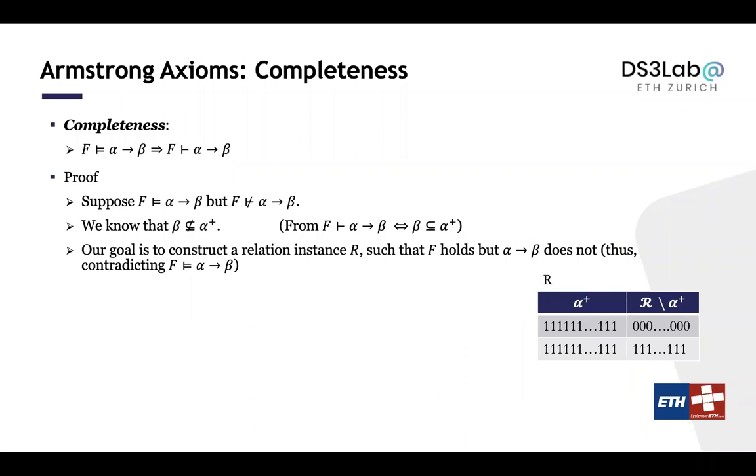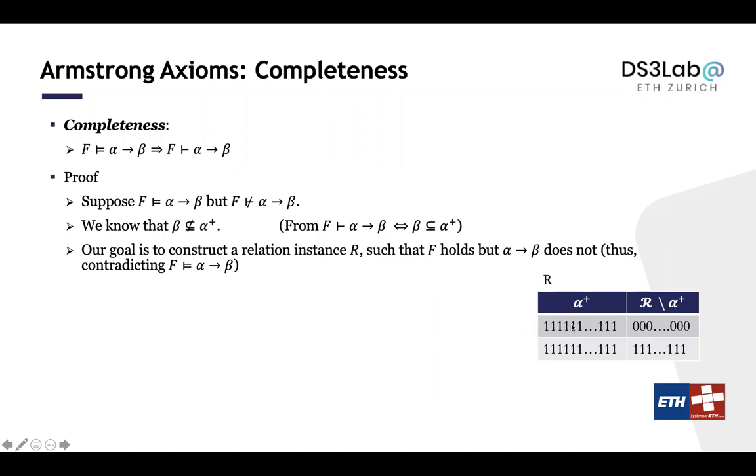So let's look at this relation. You have relation R with two subsets of attributes. You have the first subset of attributes, which is the closure of alpha, alpha plus, right here. And then you have all the other attributes. And then let's talk about one relation instance that has two tuples.